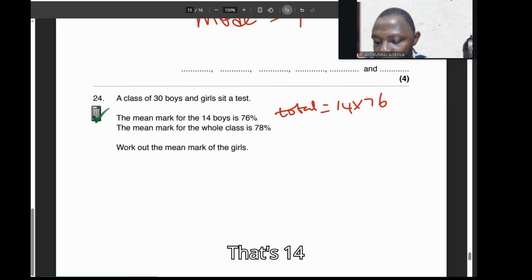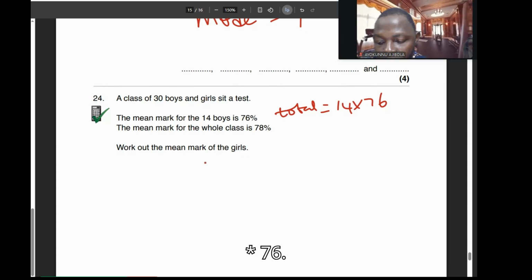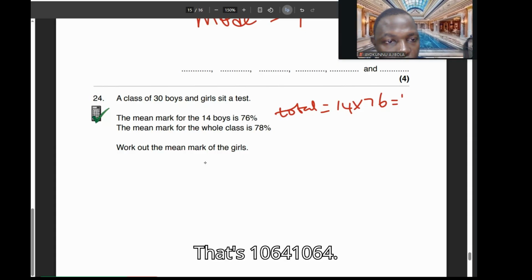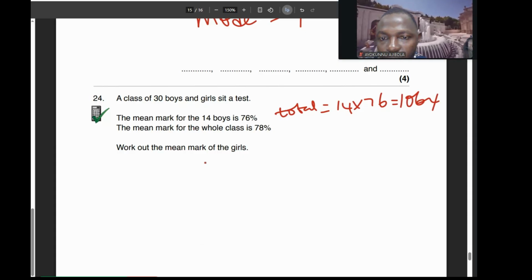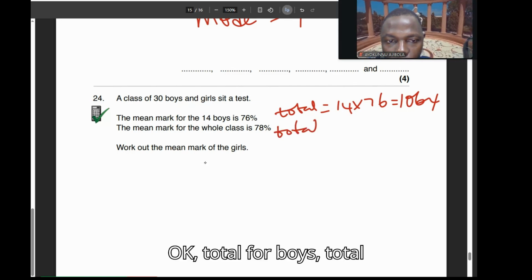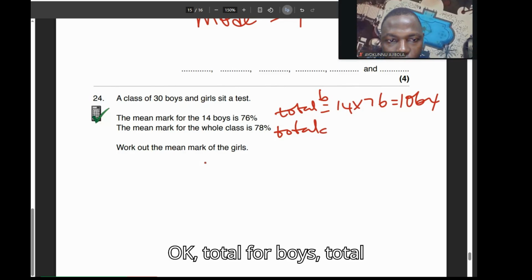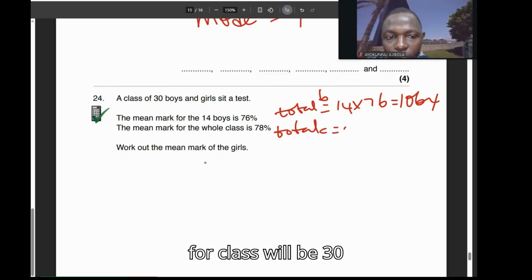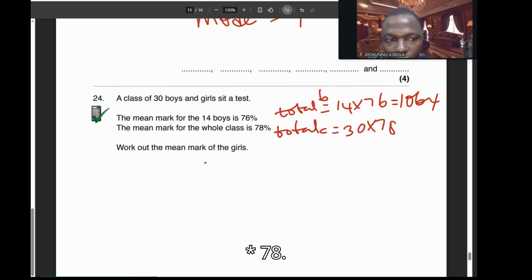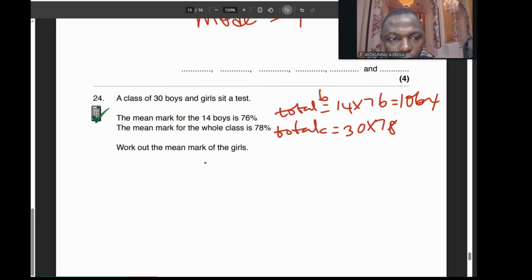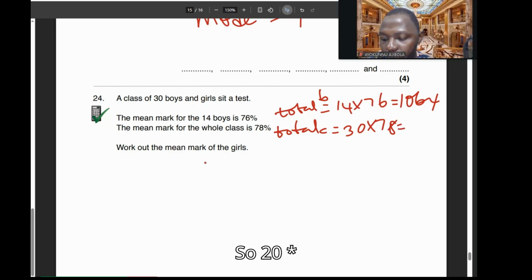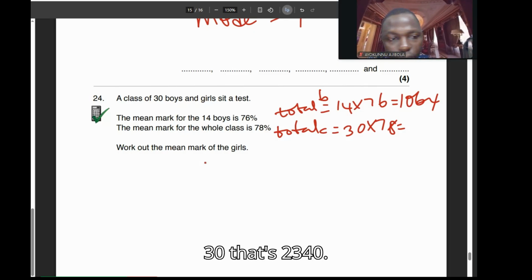That's 1064. The mean for the whole class: total for the class will be 30 times 78. So 30 times 78. That's 2340.